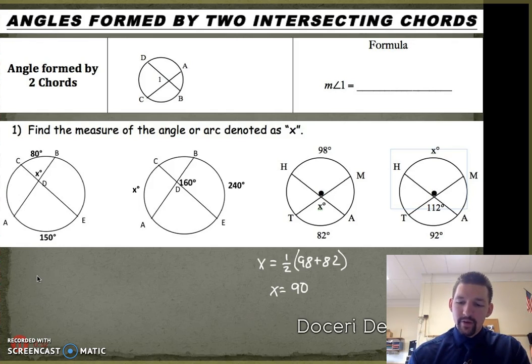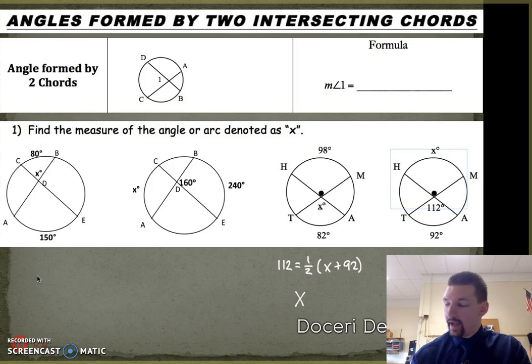For the second one, when you set that up, you're going to have 112 equals 1/2 the sum of the two arcs. So in this case, X plus 92. So when you distribute your 1/2 and finish solving that, you actually should get an arc measure of 132 degrees.